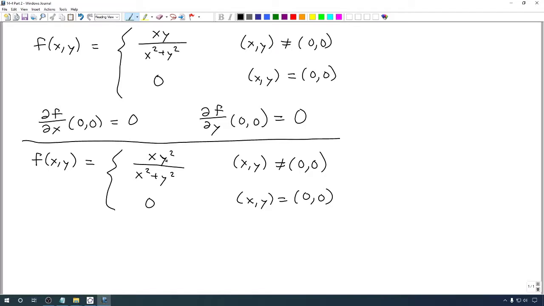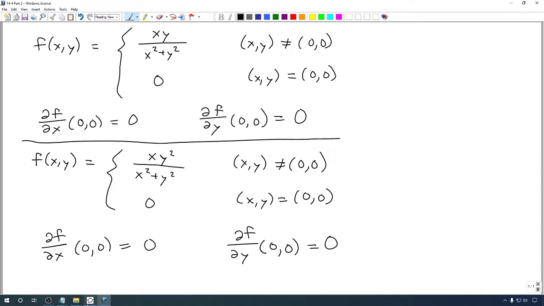When we plug in 0 for y, we're looking at the line z equals 0, a constant 0, so the derivative with respect to x at (0, 0) is still 0. And the derivative with respect to y at (0, 0) is also 0. So we still have partial derivatives, and this time we do have a continuous function.